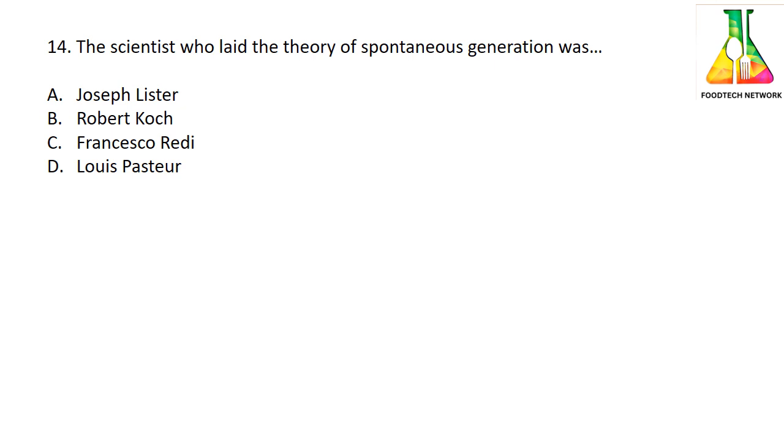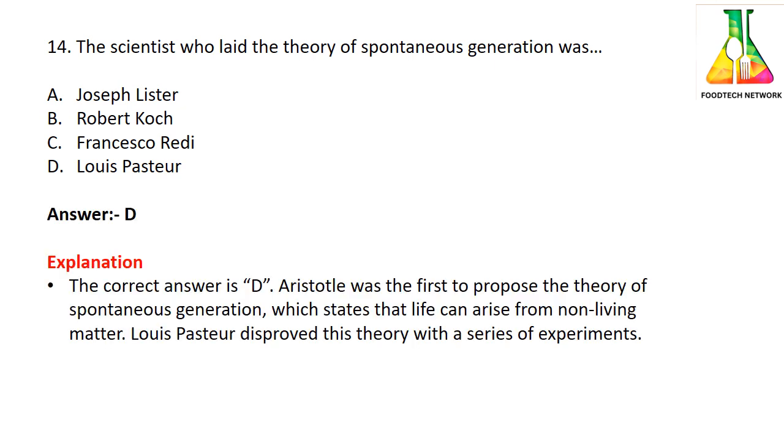Question number 14. The scientist who laid the theory of spontaneous generation was option A Joseph Lister, option B Robert Koch, option C Francesco Redi, and option D Louis Pasteur. Option D, that is Louis Pasteur.